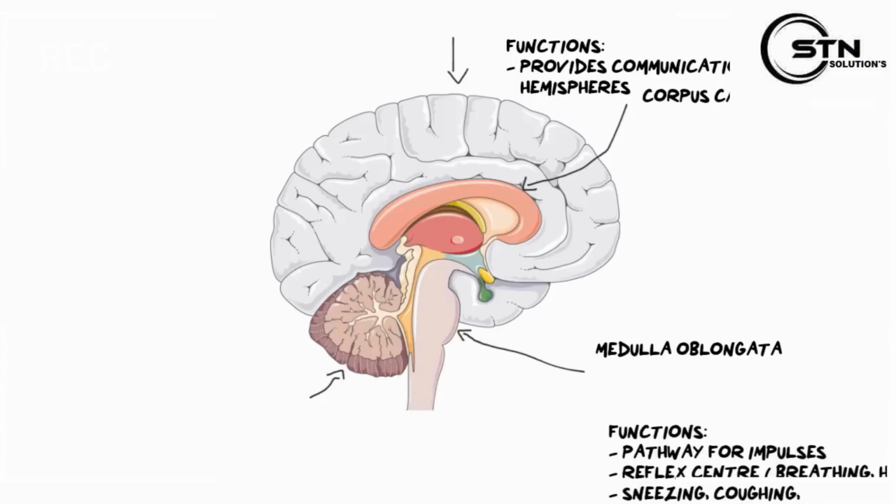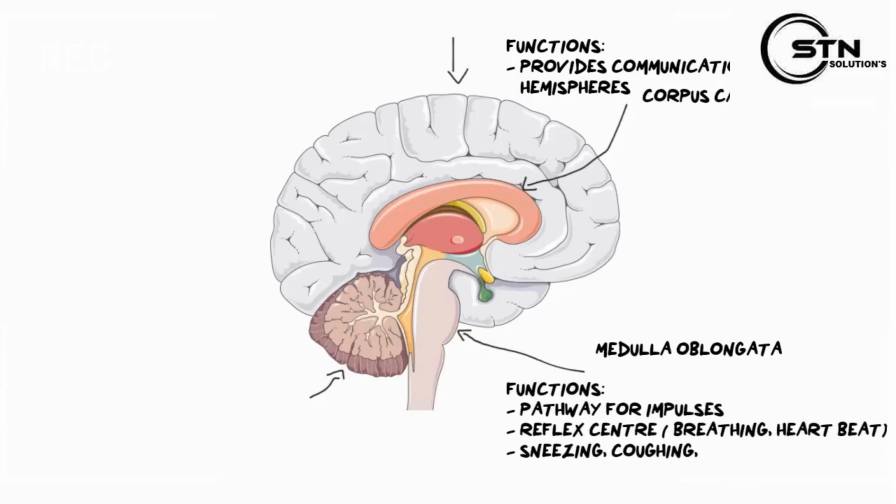And you'll see now as we look through, the functions include things like the pathway for impulses from your whole body, your reflex center for breathing and heart rate, and so many more things, as well as less important reflexes like sneezing and coughing. If your medulla is damaged in any way, it can often lead to your death. You don't breathe, your heart doesn't beat. And so it's a really important part of the brain, often referred to as part of the brain stem.